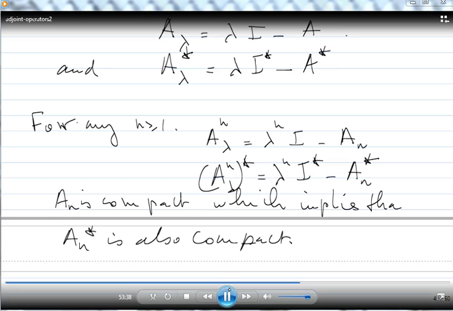Let us show now, we have a beautiful theorem.